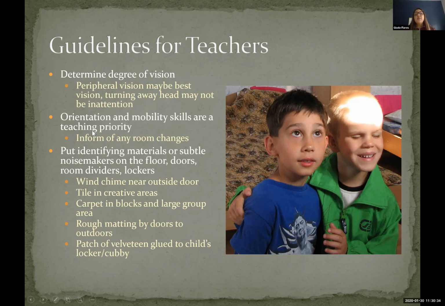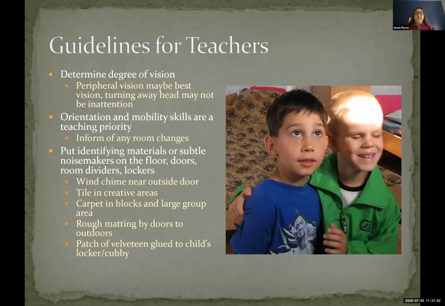Orientation and mobility is a teaching priority, so work with that orientation and mobility specialist in room arrangement, in flooring arrangement, so that the child feels supported in that environment. What I really enjoy is putting these identifying materials or subtle noisemakers on the floor, doors, and room dividers or lockers for older children, so that they know when I hear the chime, somebody's coming through the front door.